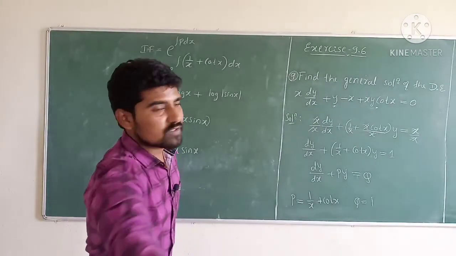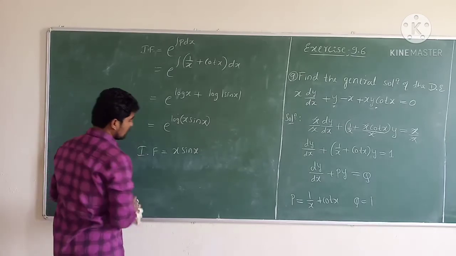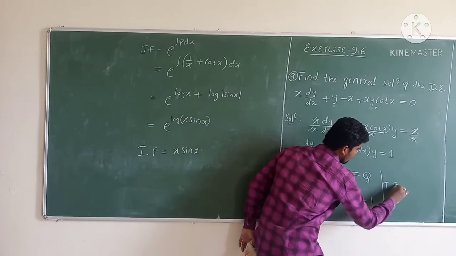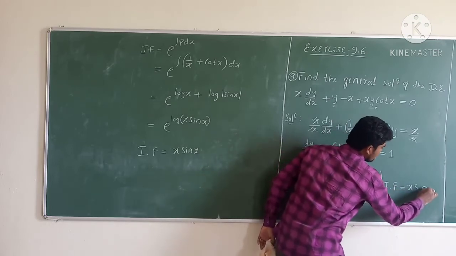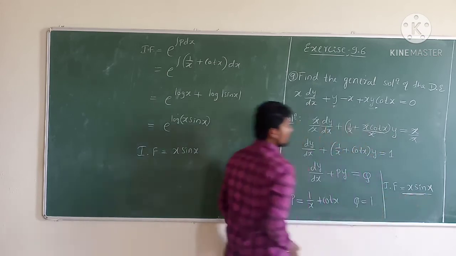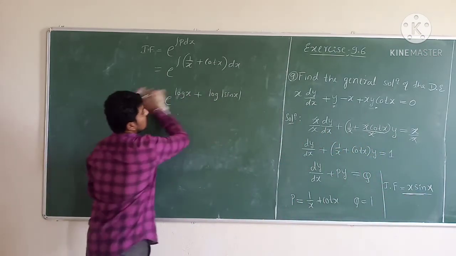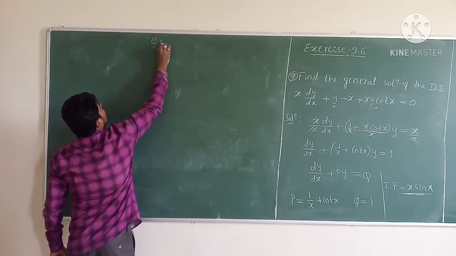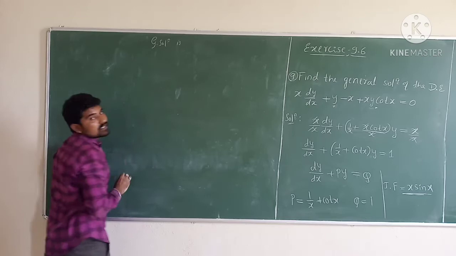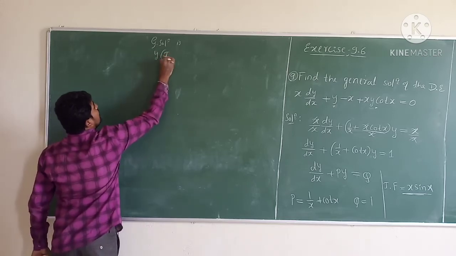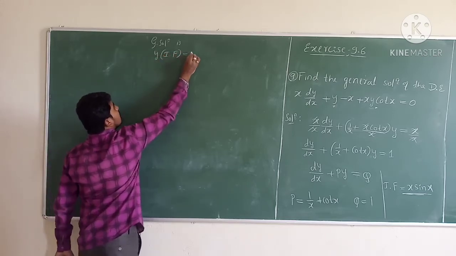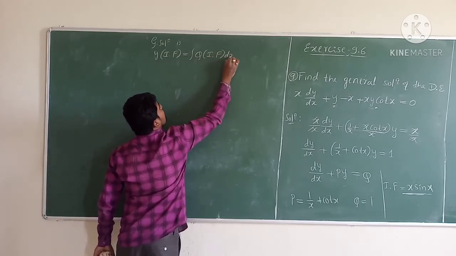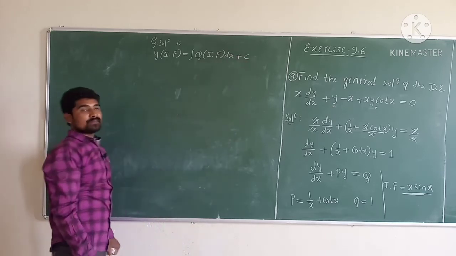Next thing is what? General solution of the given differential equation. So integrating factor of the given differential equation is x into sin x. Now, general solution is y into integrating factor, which is equal to integration of q into integrating factor with respect to x plus c.